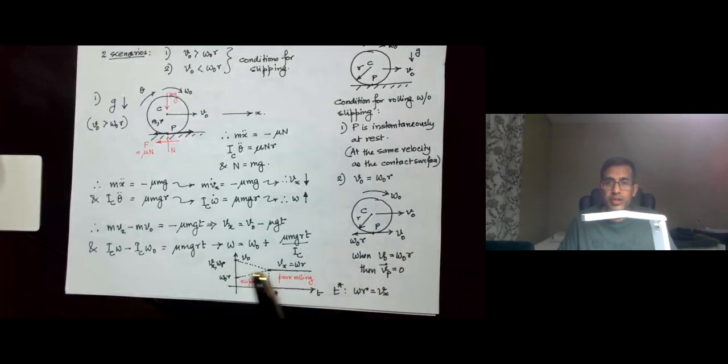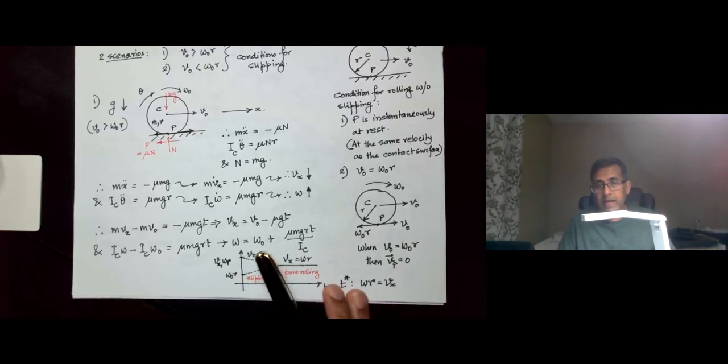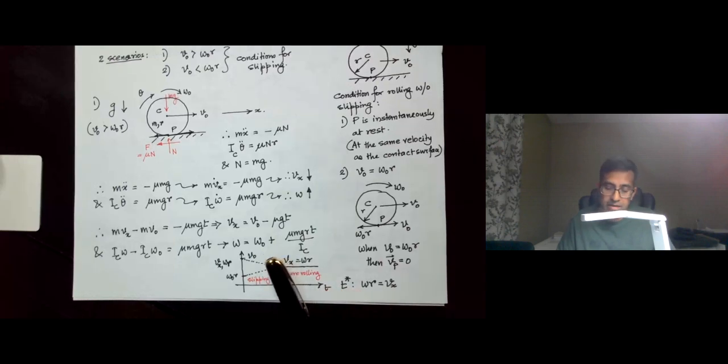We noticed that when v naught is greater than omega naught r, the friction force tries to reduce v naught and increase omega naught, so that eventually the velocity becomes equal to the angular velocity times the radius. When that happens, the disk has reached the condition for pure rolling, and from that instant onwards, pure rolling resumes.